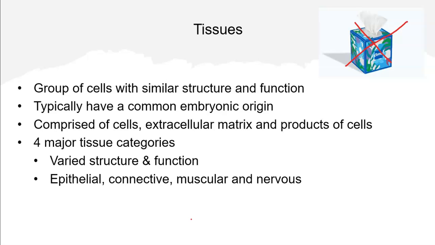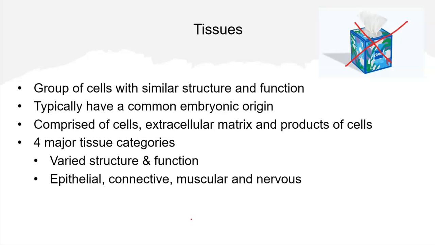So some of the cells begin to replicate, and as they do, there are different cells that are going to create different body structures. So typically, a particular type of tissue will have cells from a common embryonic layer of cells during development.